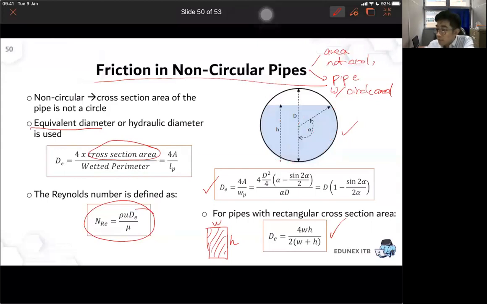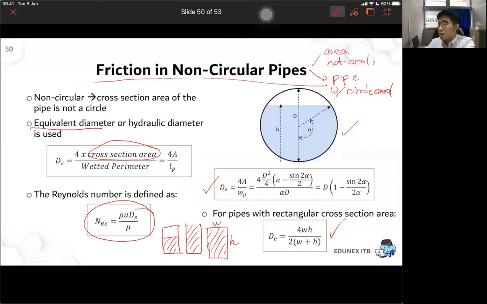It will be different. Just remember, if it's not filled with the liquid or the pipe does not have an enclosure at the top, the formula of the equivalent diameter will be different.